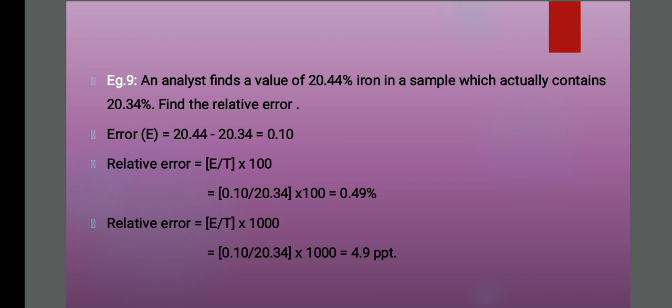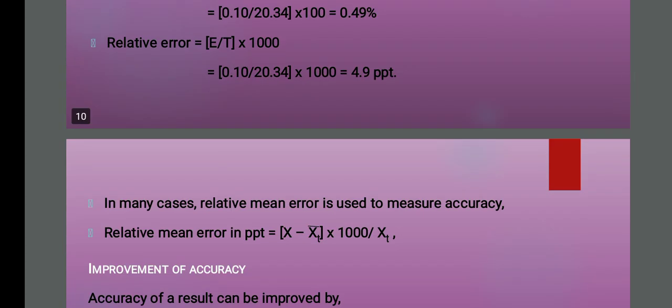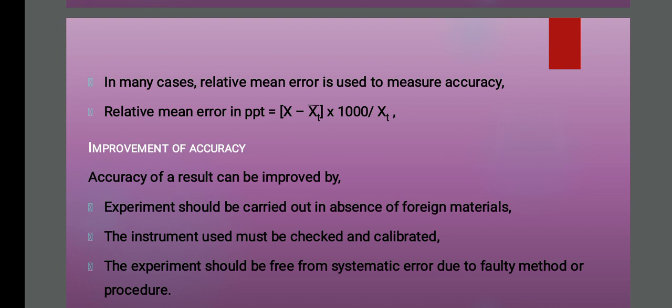Next one is, in most of the cases, instead of relative error, accuracy is measured in terms of relative mean error. I'll repeat. Initially we have seen that absolute error was used for measuring accuracy.